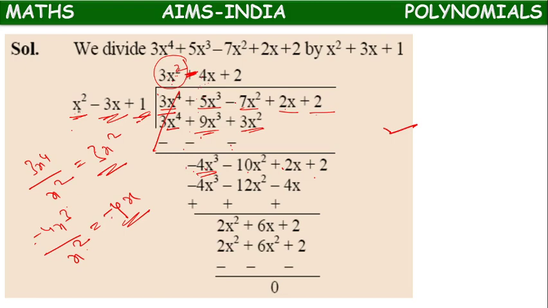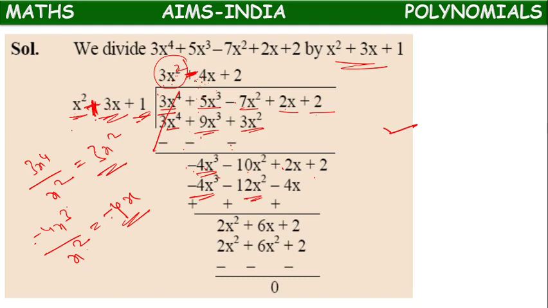Minus 4x into x, minus 4x square. Here plus 3x actually. Minus 4x plus 3x, minus into plus, minus 4 into 3, 12x square.